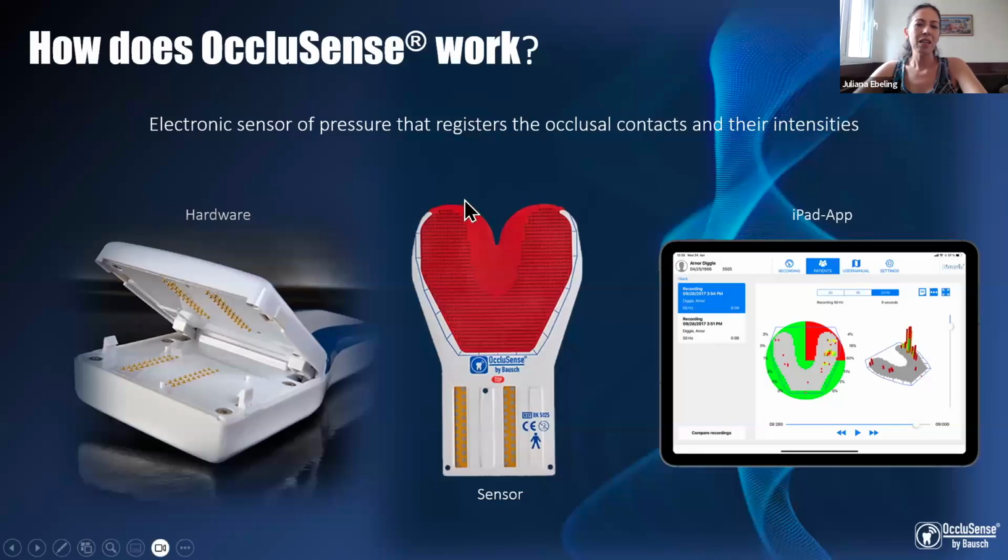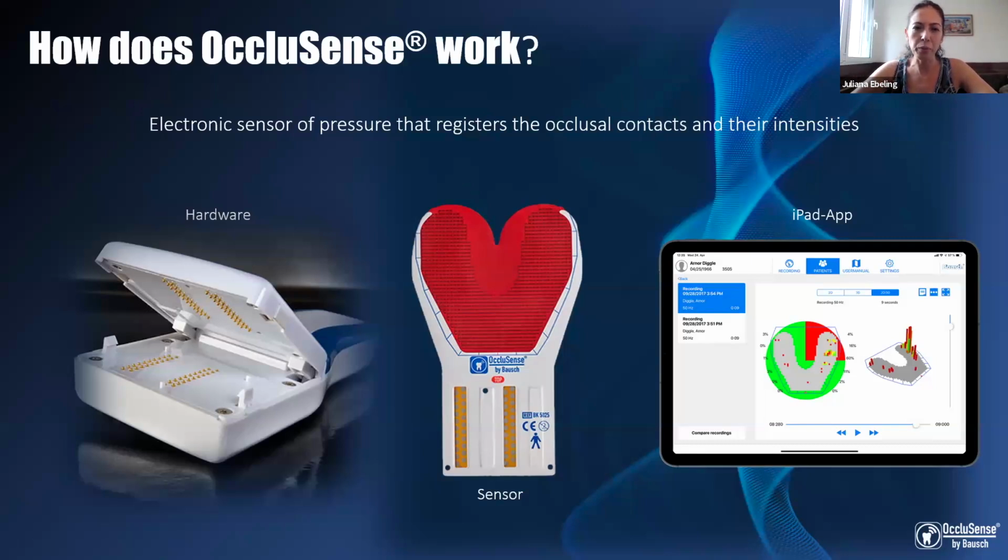Let's start. First of all, we need to understand how OccluSense works. This is very important to understand: the mechanism by which this device captures the information and how it interprets this data.